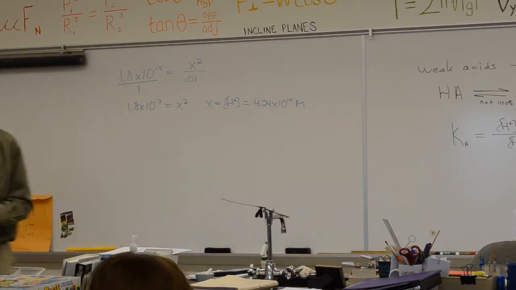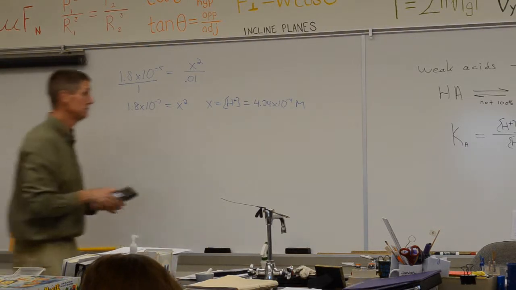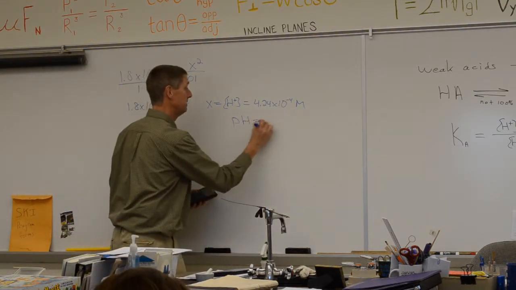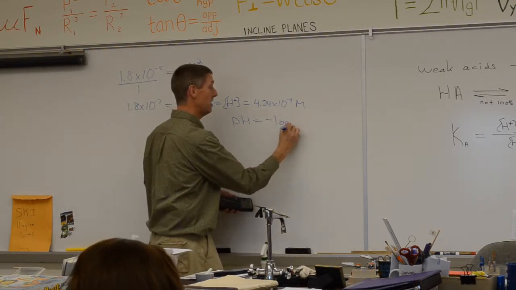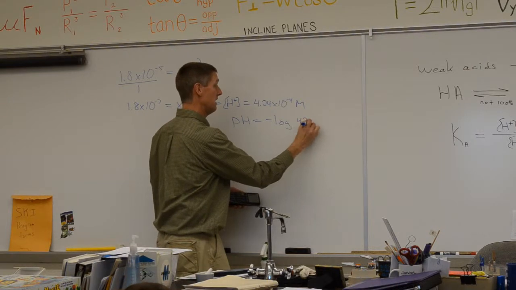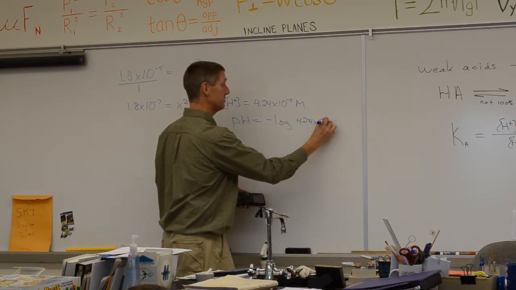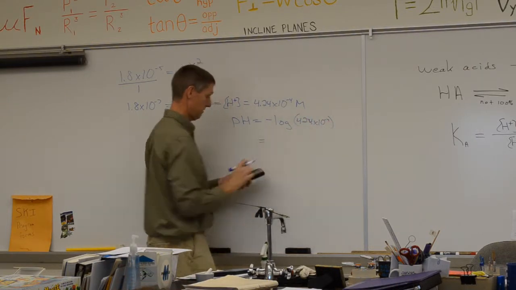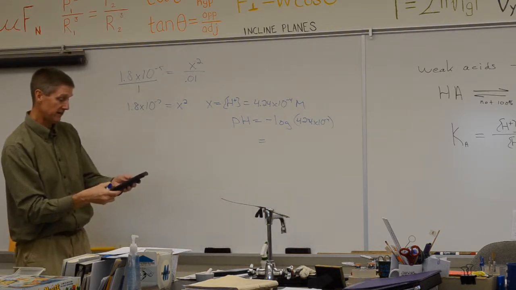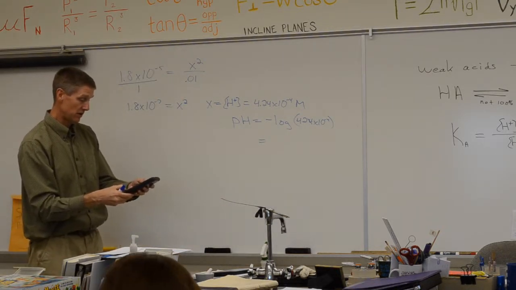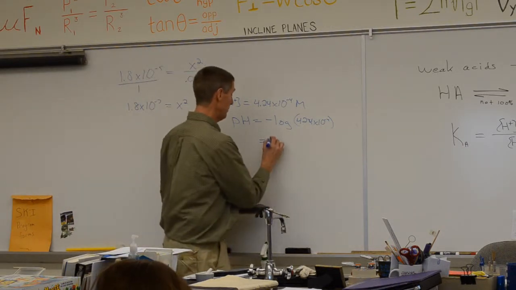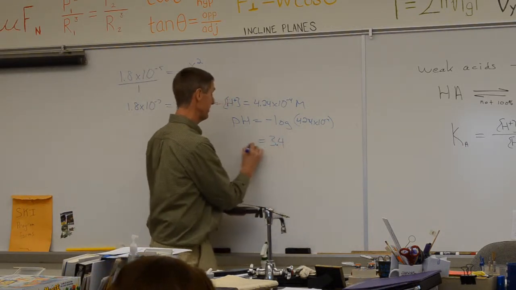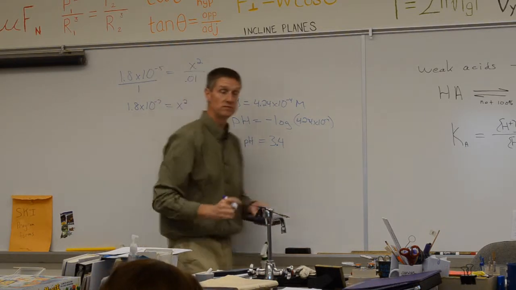We said X was the hydrogen ion concentration, and that's what we solved for. So let's answer the question. What's the pH? The pH would be the negative log of the hydrogen ion concentration. I'm just going to keep it in my calculator, take the negative log of my answer, and get about 3.37. With our equipment, we would probably just round that to about 3.4.